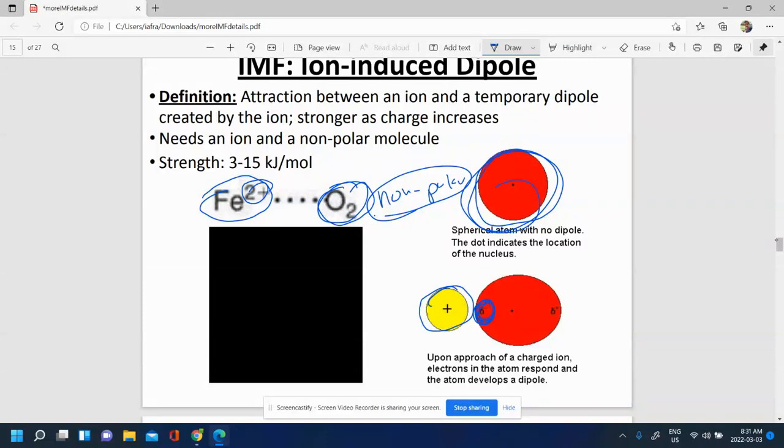And so we call it ion-induced because the ion created a dipole where there was none before. And this kind of forms and breaks. It's not the strongest one because it's between an ion and a non-polar molecule where the dipole is not quite permanent. You can think of it almost like a stronger LDF in a way. And that's called an ion-induced dipole interaction.